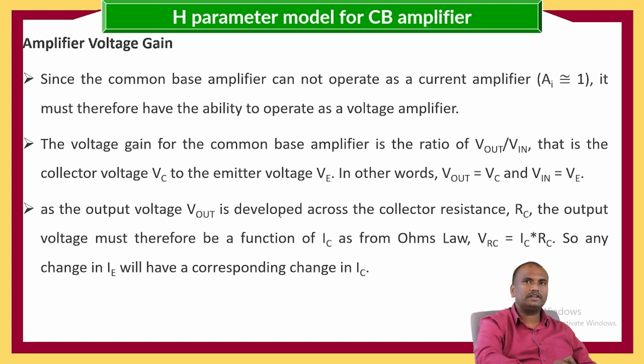As the output voltage is developed across the collector resistance, the output voltage must therefore be a function of IC, as from Ohm's law, VRC is equal to IC into RC. So any change in IE will have a corresponding change in IC.